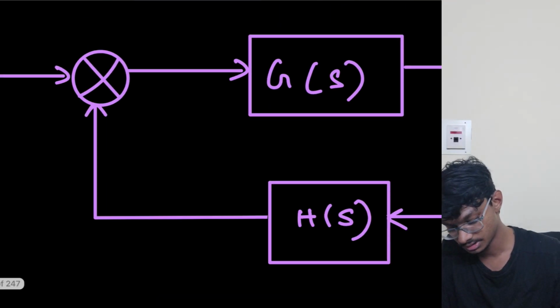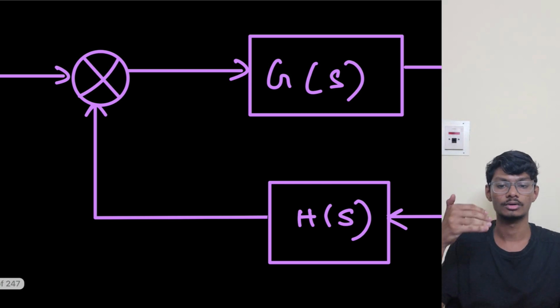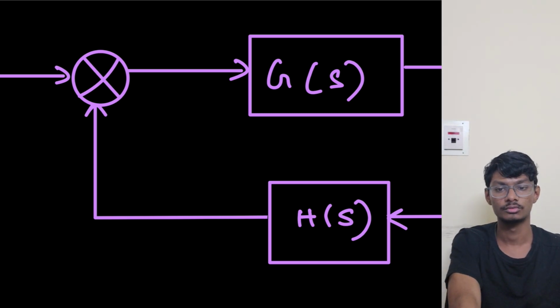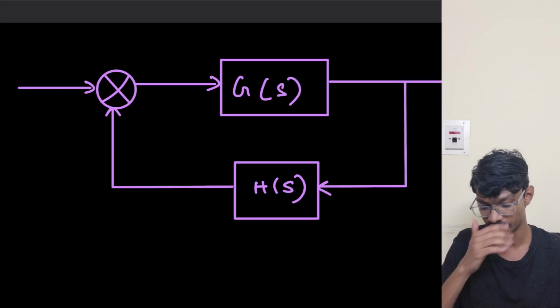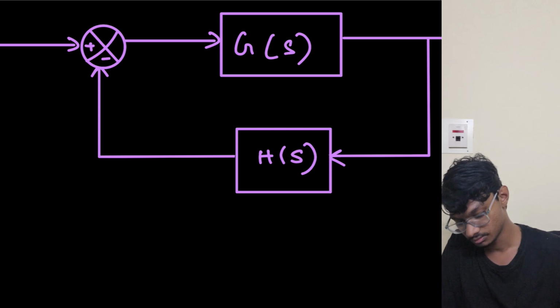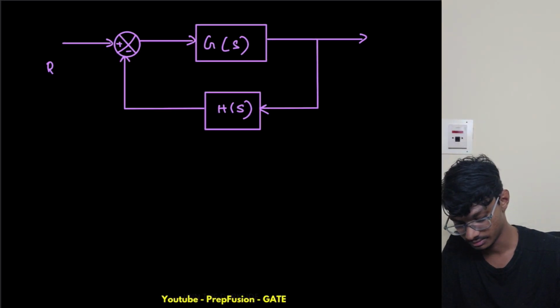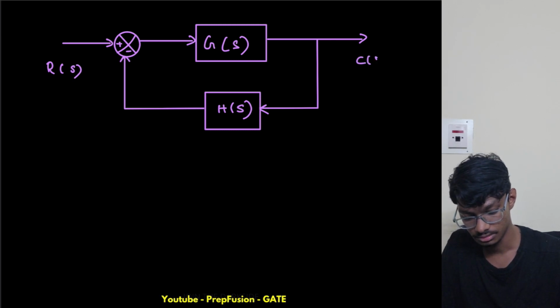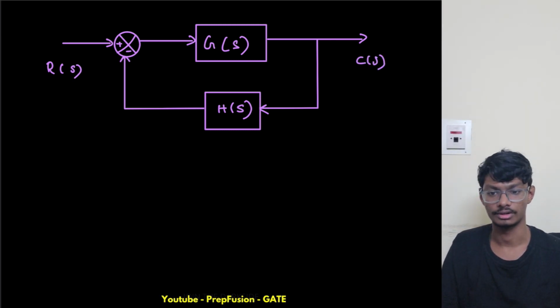I'm doing this right now for a negative feedback system. We'll do this for a positive feedback system as well. So this is just a representation of a simple feedback. This is R of S, the reference signal input, and this is C of S. And this is the block diagram.